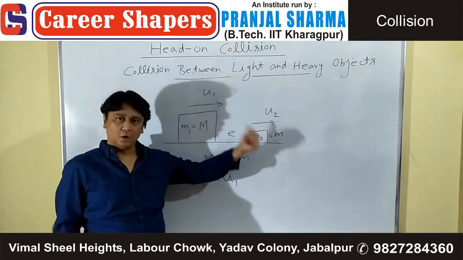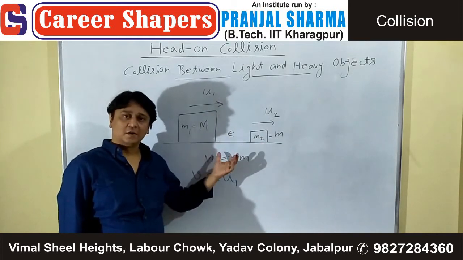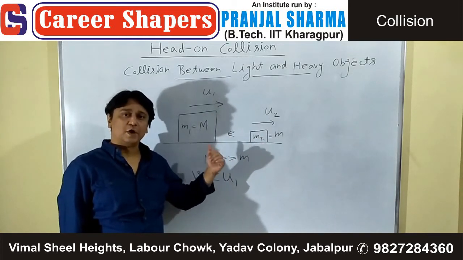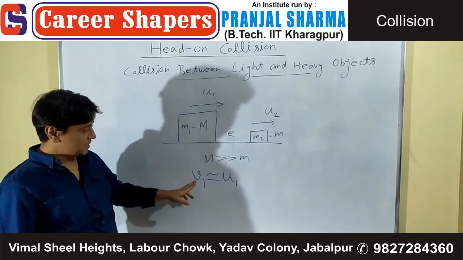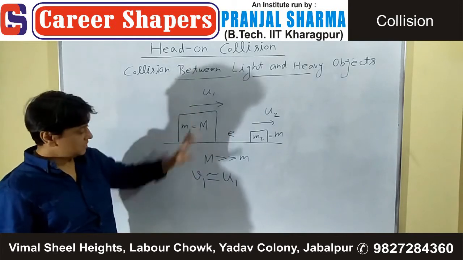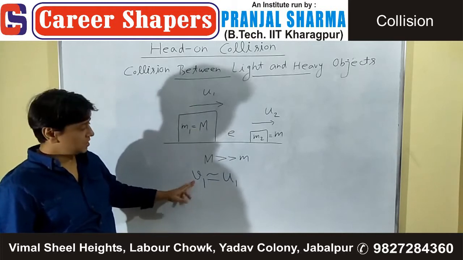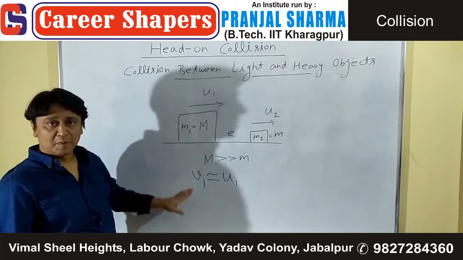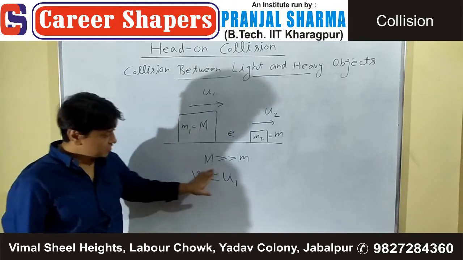If you throw a ball on a moving truck, that impact is not going to change the velocity of the truck. And therefore we are saying that for a heavy and light object collision, the velocity of the heavier object, even after collision, remains what? Same.